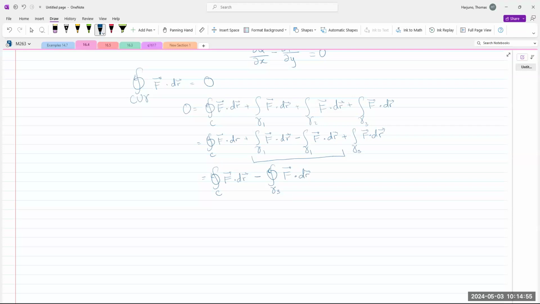You will see that integral of any closed curve C, including the origin, of f dot dr must be equal to integral over positively oriented counterclockwise direction of gamma 3, any circle inside the curve C containing the origin.